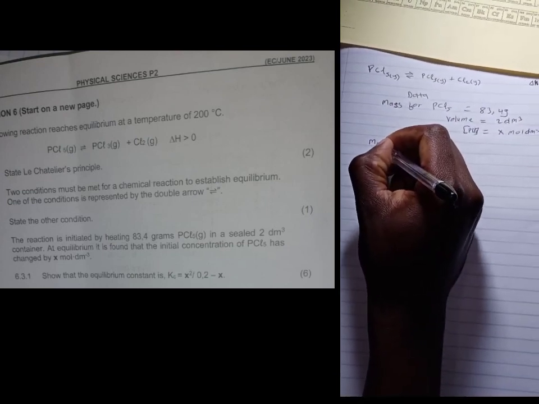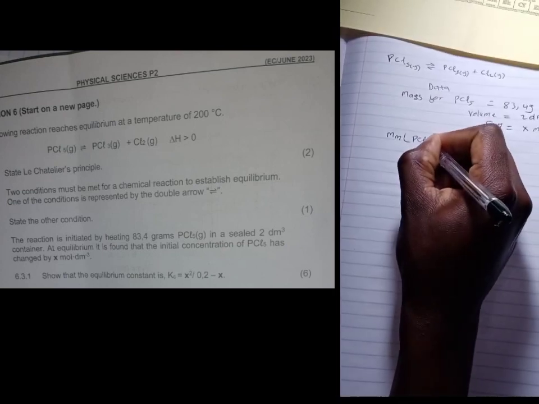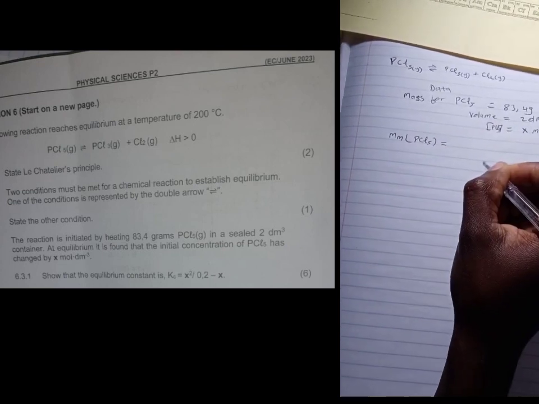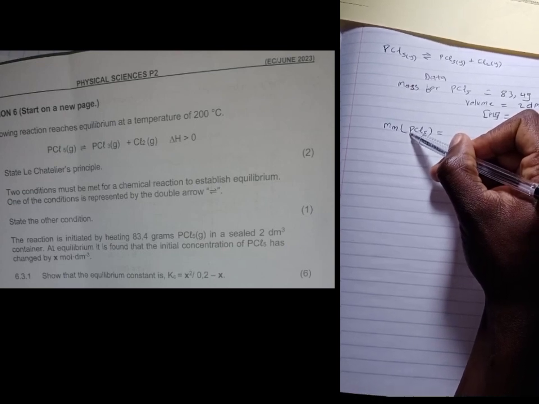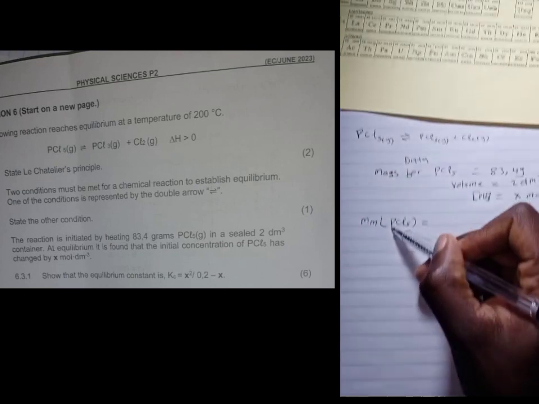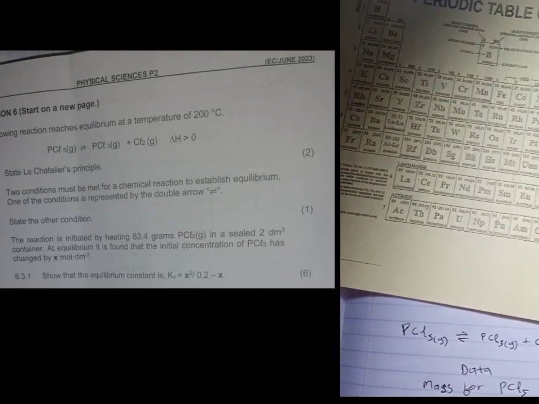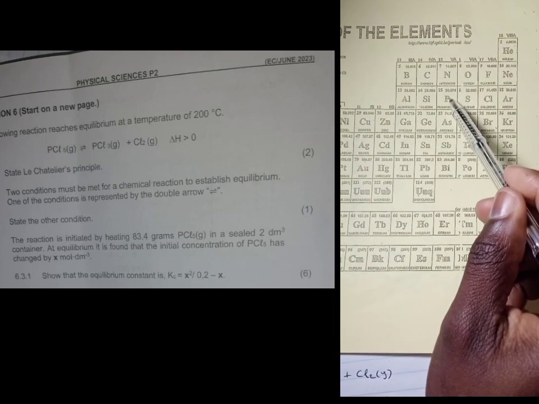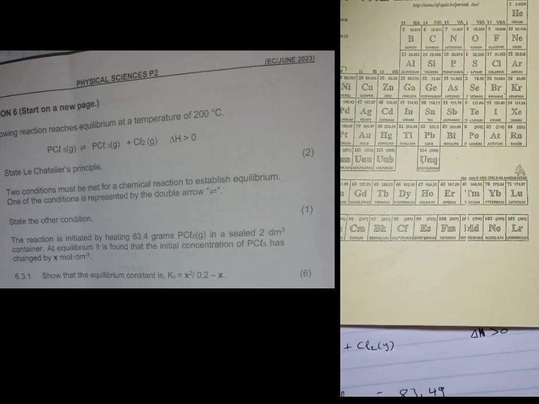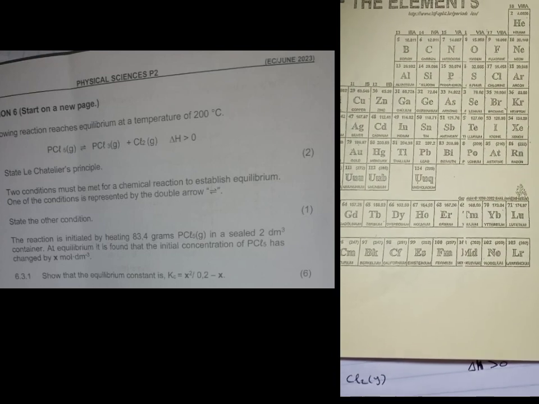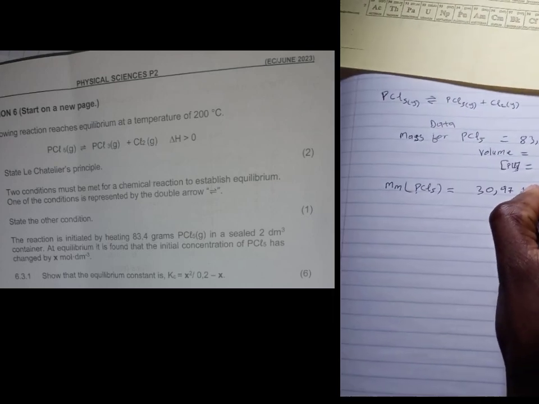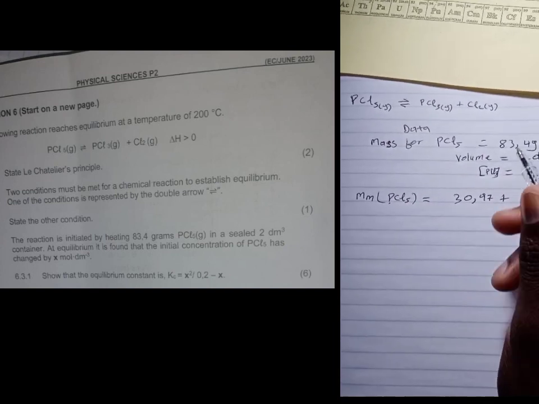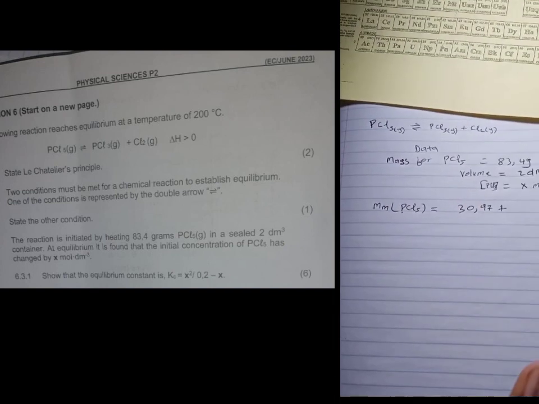Definitely what we need to do first is find the molar mass for PCl5, right? So P is phosphorus. If we look at the periodic table, we will find P is here, which is 30.97, plus Cl5.